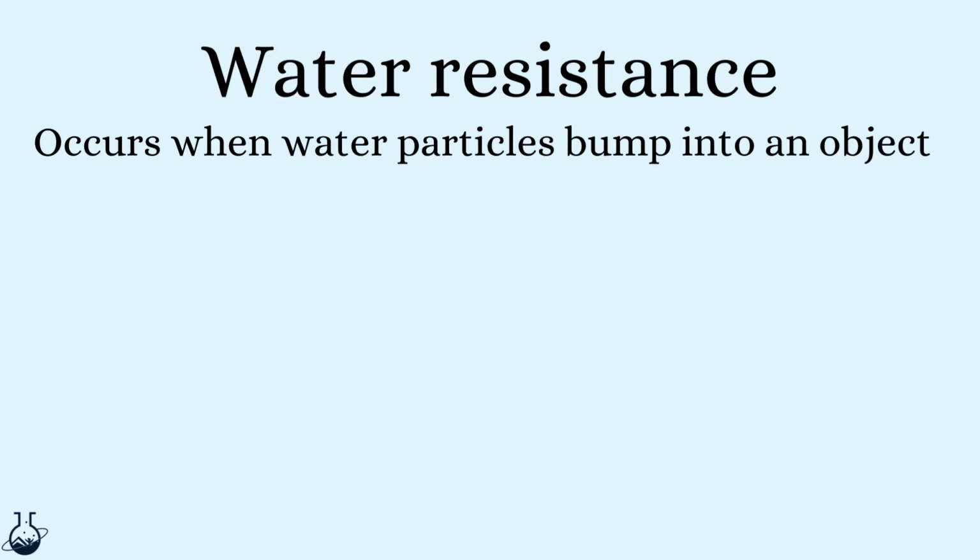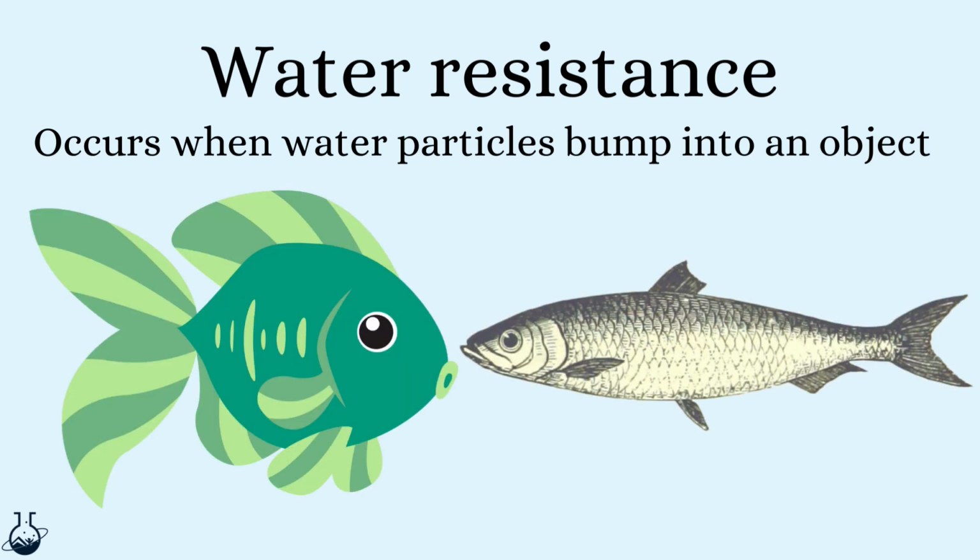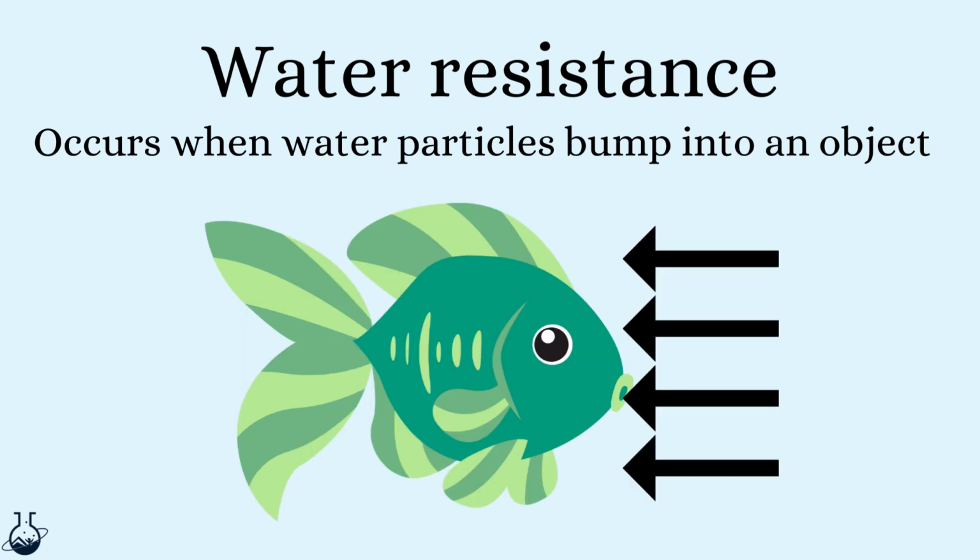Water resistance acts in a similar way, only it's water bumping into an object rather than the air. In a similar way, it will impact how objects are designed and move in the water. Like this fish. Which one is more likely to experience greater water resistance? This one.